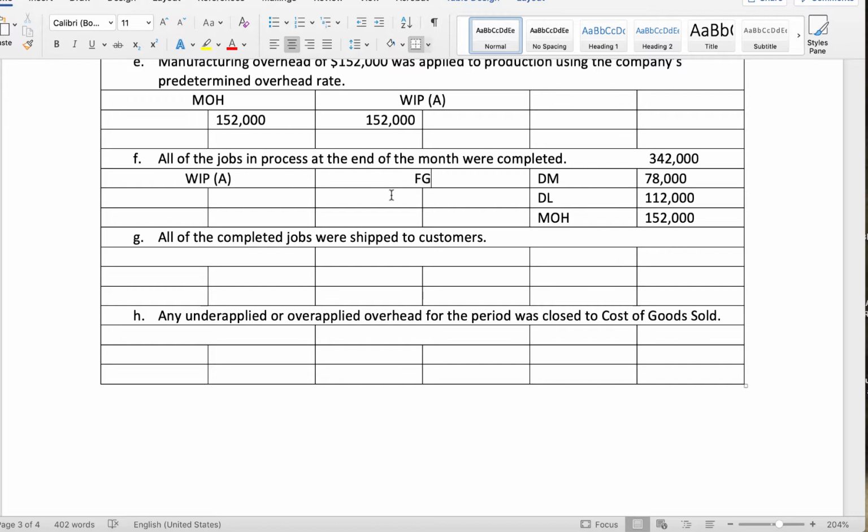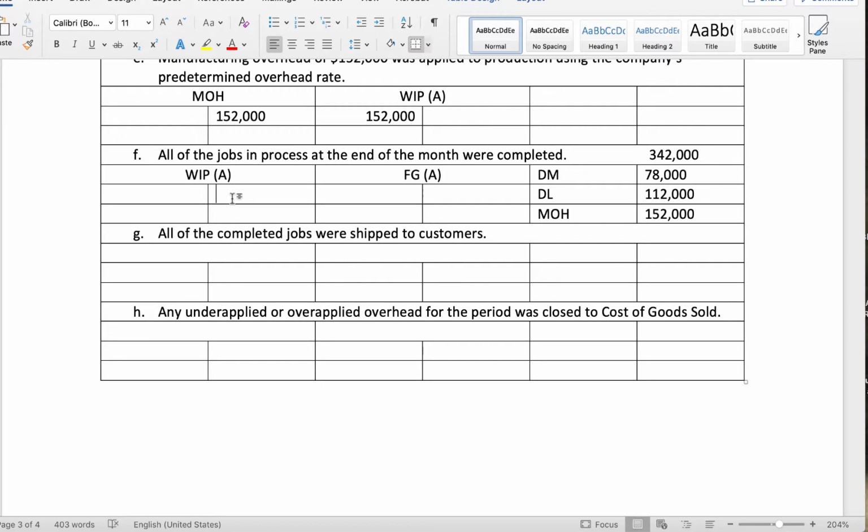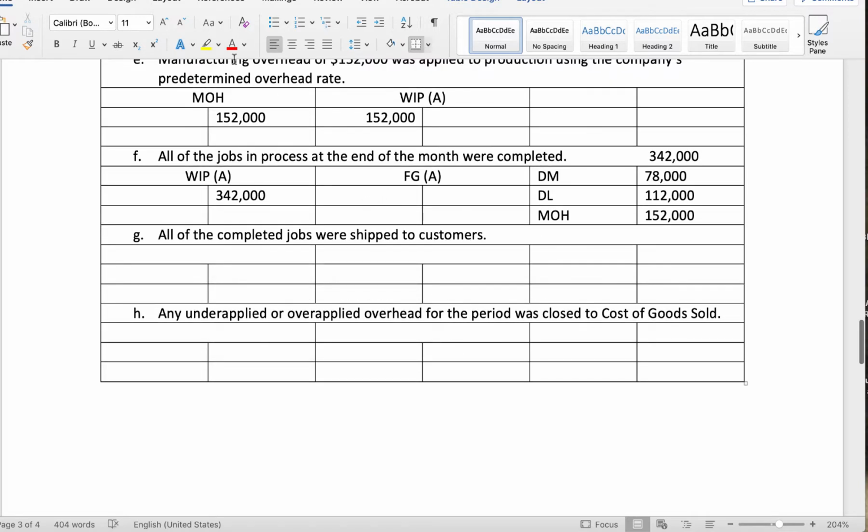We already know, because I've said it about a billion times: assets are increased with a debit, decreased with a credit. So I'm going to credit WIP for $342,000. Finished goods, again, is an asset account. I increase it with a debit of $342,000.